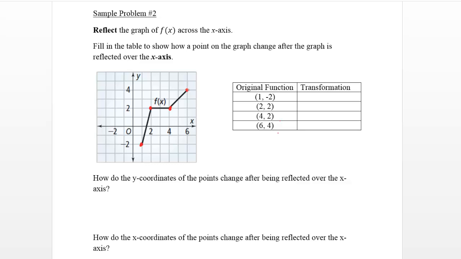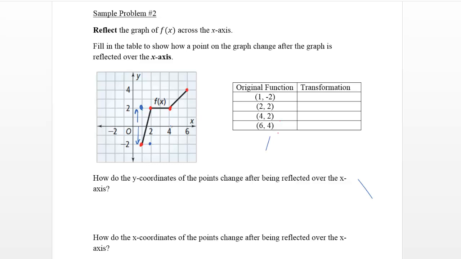I want to reflect those basic points across the x-axis. The way I'm going to do that is to take this point, and I notice that it's 2 units down from the x-axis, so I need to go to the other side and go 2 units up. And I need to do the same thing with the other points on the graph.